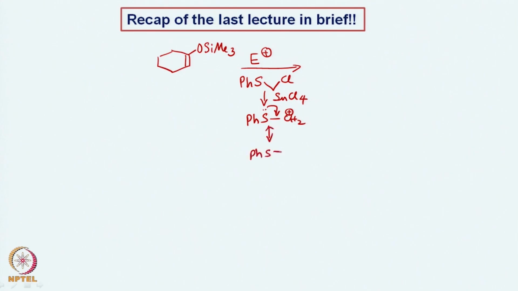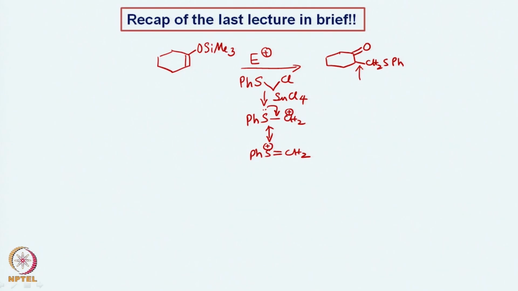So, this is how one can allow the reaction of such electrophiles to take place with enol silyl ether and introduce a CH2S phenyl group here and have a C-C bond formation.